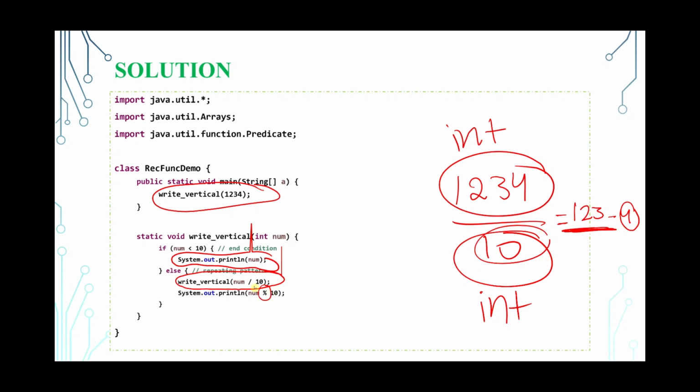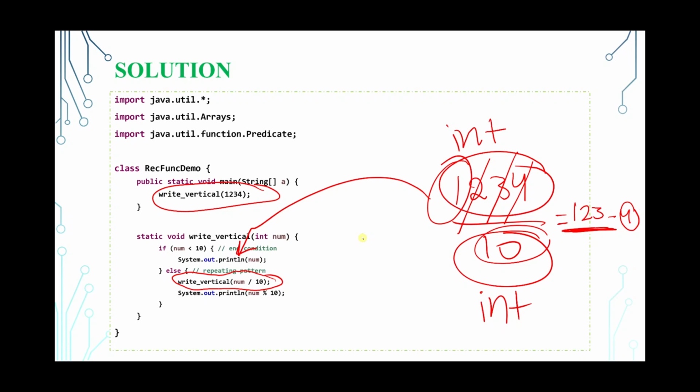With the modulus, right? So what we have done is writeVertical, keep doing that, and every time take a number out, take a number out, take a number out, until it's a single digit, print it. Then go back and print the remainders.